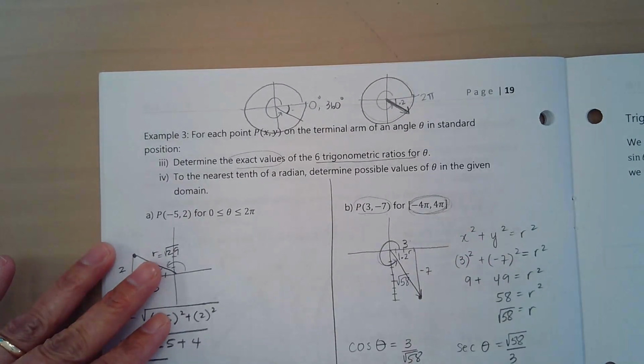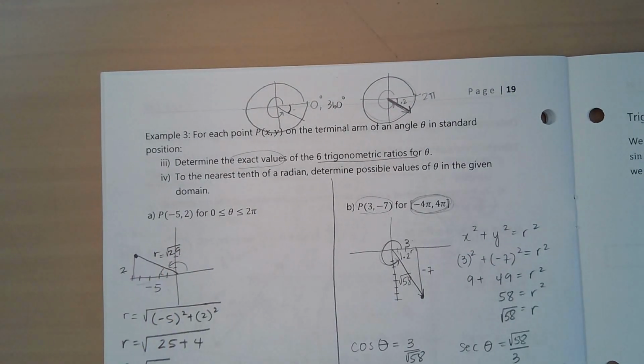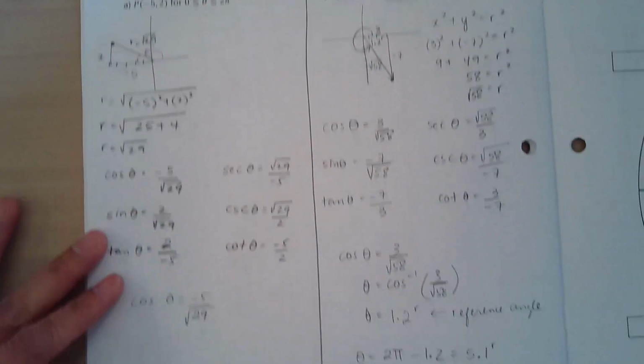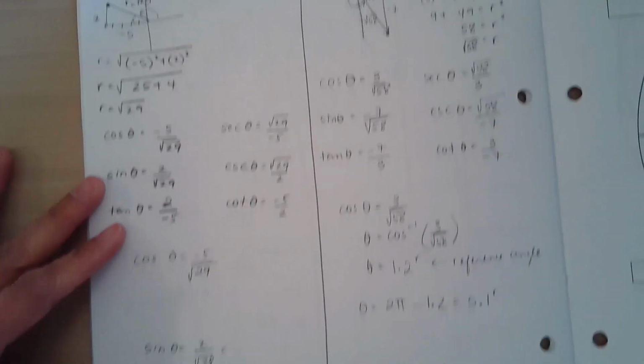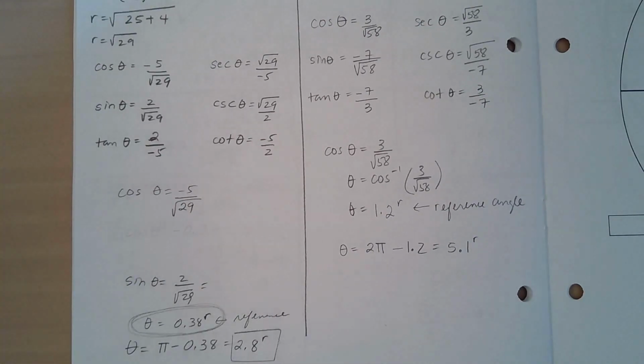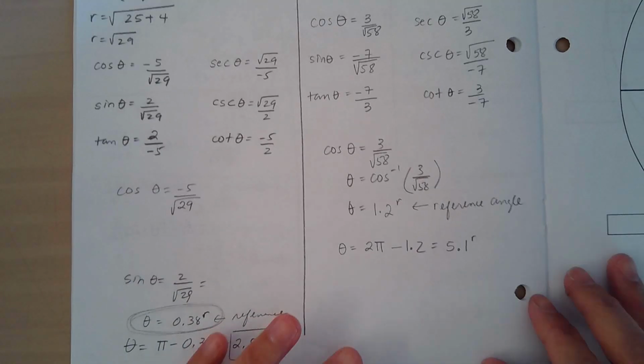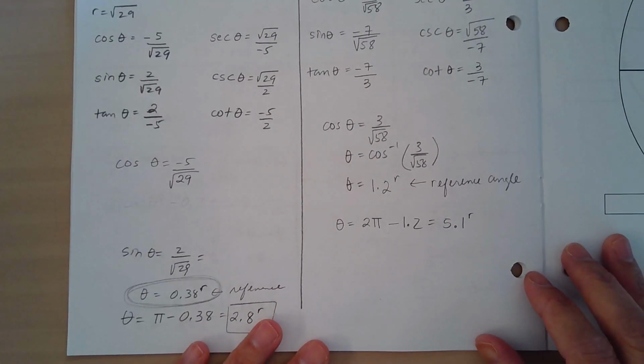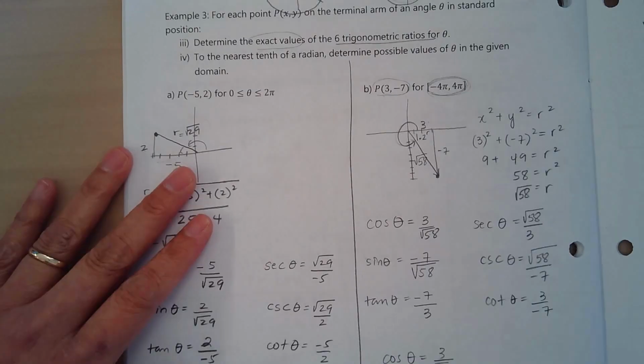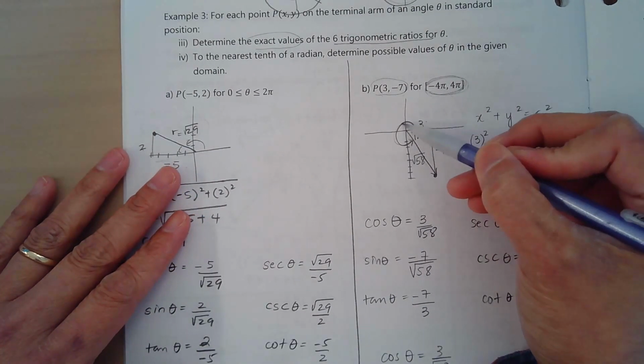Good? It takes a while getting used to pi radians, right? So 2 pi minus 1.2 is 5.1. That's from here up to there.